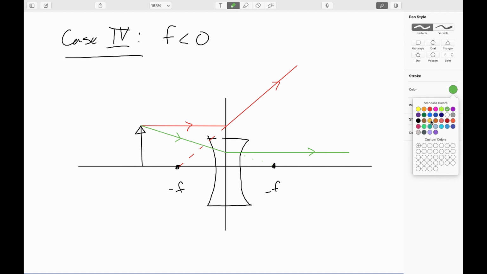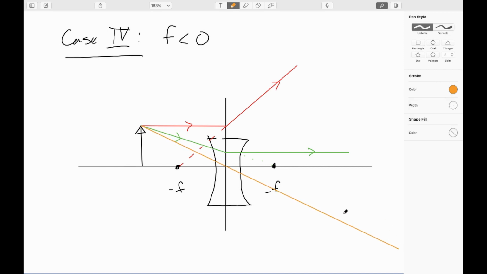And as always, the central ray is your truest, bestest friend. It always goes through undeflected. Okay, so if I backtrack the orange ray, it's just going to sit right on the orange ray. I've already backtracked the red ray when I was showing where it's coming from with the focal point. So the only one I need to backtrack here is going to be the green ray. There we go. So there is my image.